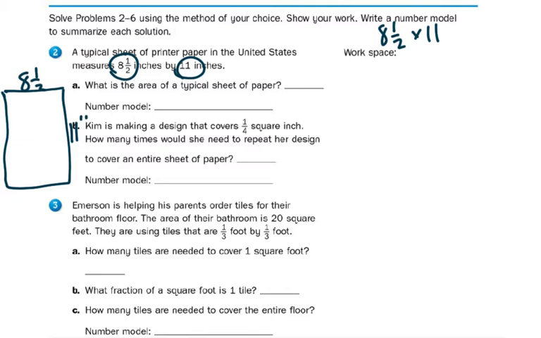So what we have to do in order to multiply is multiply the 8 by 11. So 8 times 11 equals 88. And then take the 1/2 times 11. What's 1/2 of 11? Well, 1/2 of 10 is 5, and then 1/2 of 1 is 1/2. So 1/2 of 11 is 5.5.